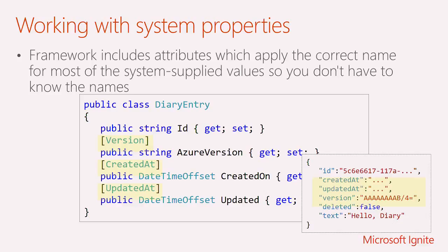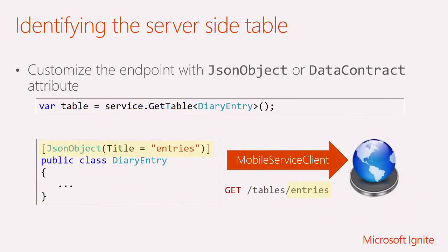There's also another column in there representing soft delete. So you can facilitate the ability to track when records are deleted, not delete them on the server, but actually just mark them as deleted instead. And that's really good for enterprise auditing. It's also good for offline syncing, which is another great feature of Azure Mobile Services.